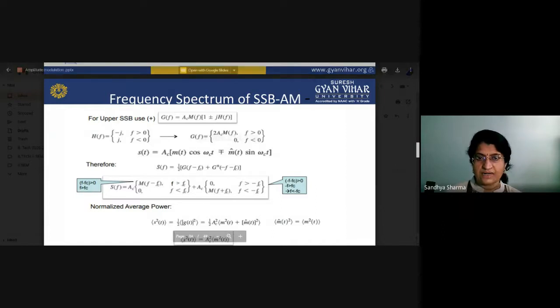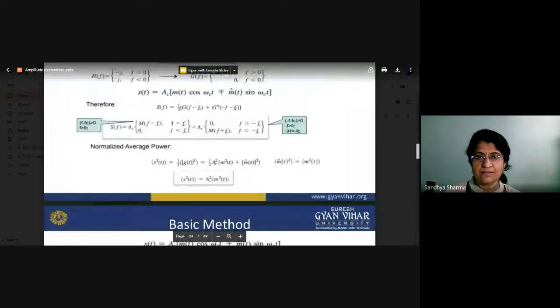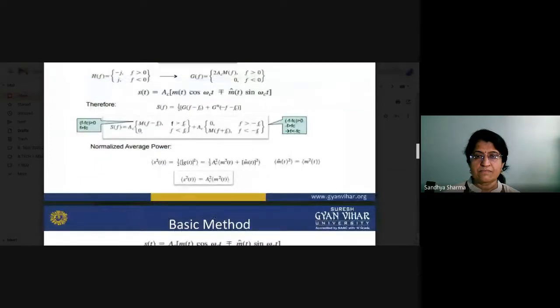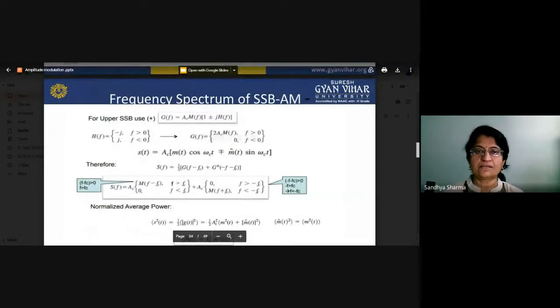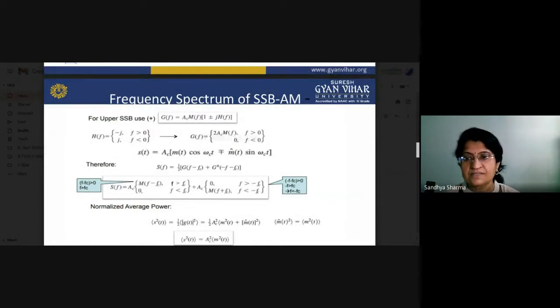That is the basic equation, and when you multiply the same signal again, you can extract your modulating signal using this formula. That is the basic method of the single sideband amplitude modulation system. I think it will be clear to you.